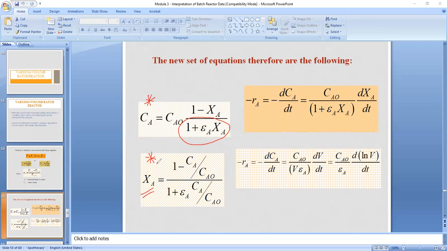Now, you may ask, you have a formula for the degree of conversion in the previous slide, which is in terms of the change in the volume. You actually have two formulas for XA. So you need to select which of the two formulas is applicable based on the data that the problem gives you.